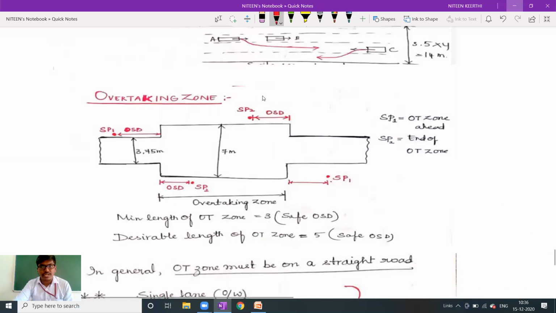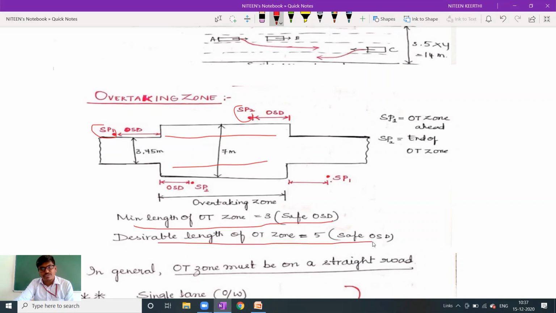Overtaking zone, as already mentioned: sign post 1, sign post 2, OSD. This is the overtaking zone, provided wherever there is no possibility of providing overtaking sight distance. The minimum length of an overtaking zone is 3 times the OSD, and the desirable length is 5 times the OSD.